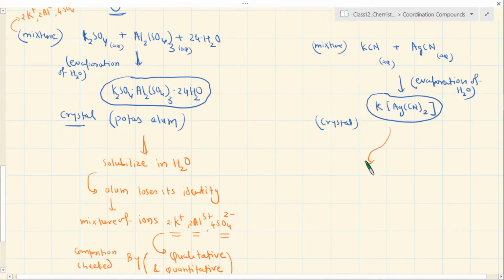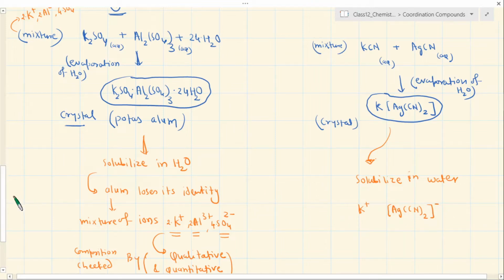If you take this substance and put it again in water, solubilize in water, now you don't get all the ions. You get the ions like potassium, and you get one big ion which is Ag(CN)2 minus. Only these 2 ions you get.